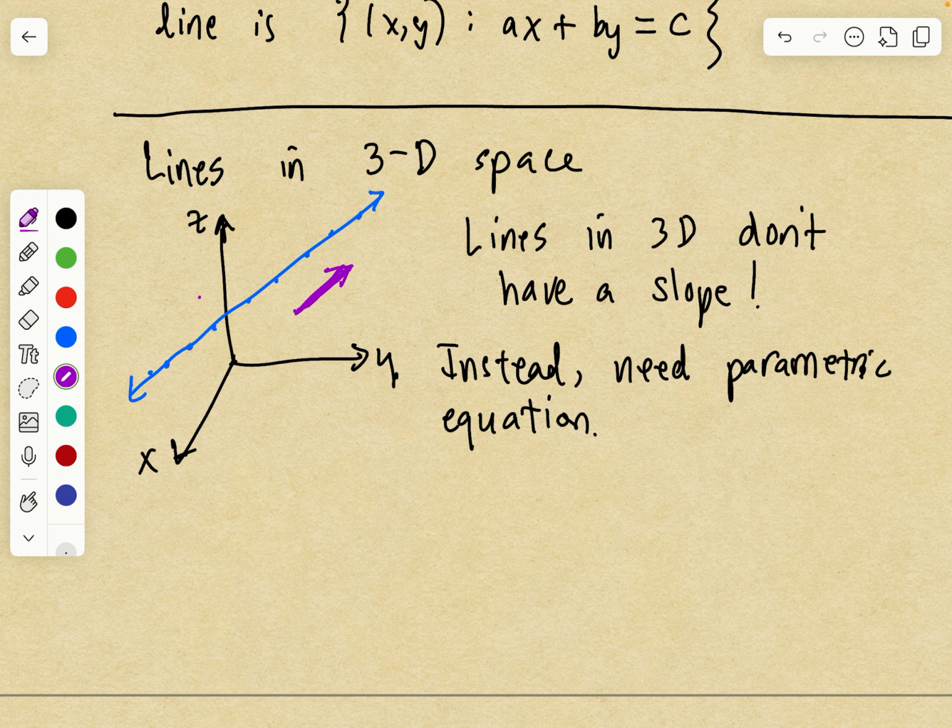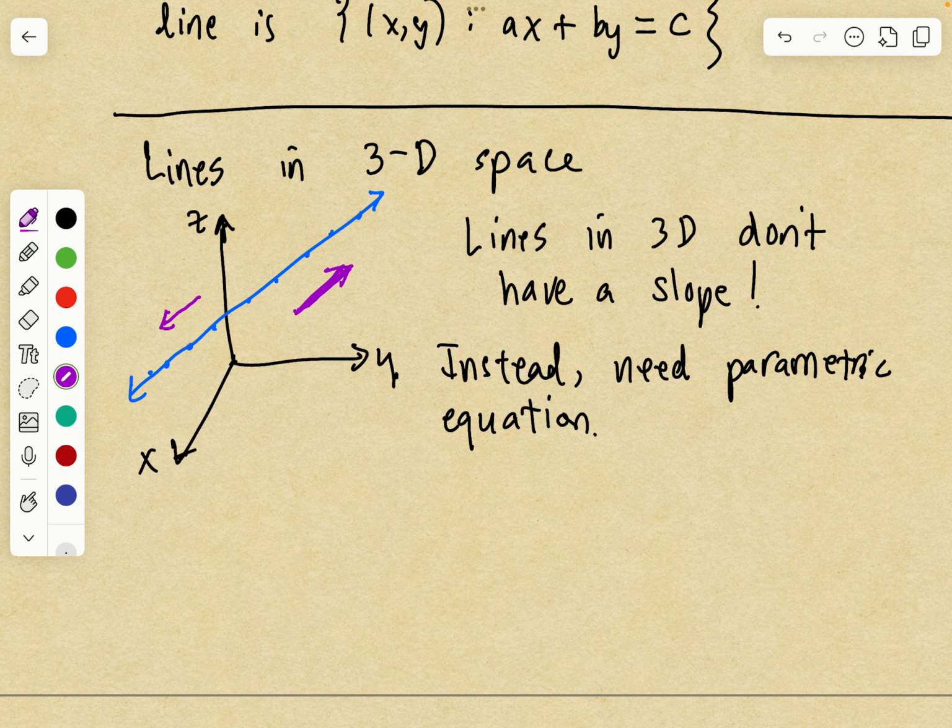Or you could have a vector going in this direction, right? And there's no specified length. It could have length 1, it could have length 2, it could have length pi. Those are going to be direction vectors.